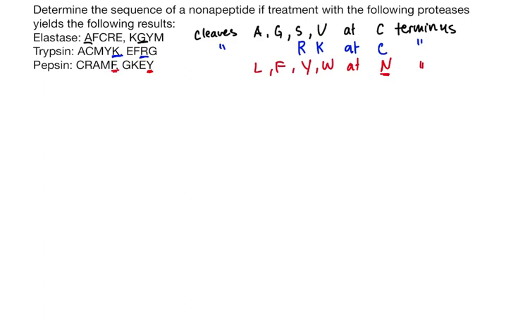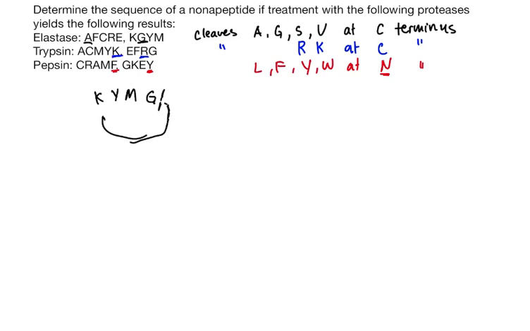This would imply that G should be a cleavage point over here. So it will cleave at the C terminus. So whatever amino acids you have, so we have K, Y, and M, and then it's going to go on around the circle.